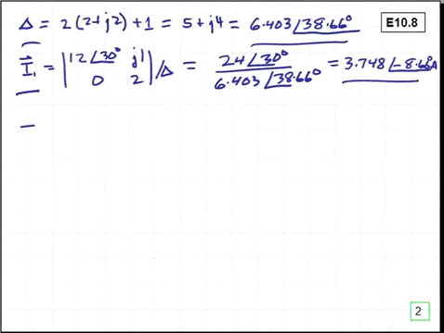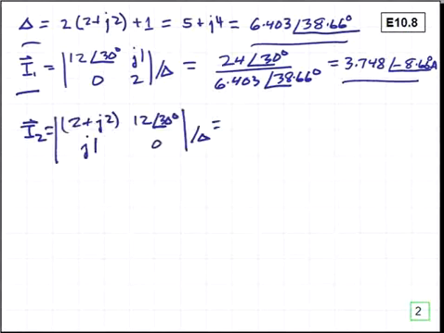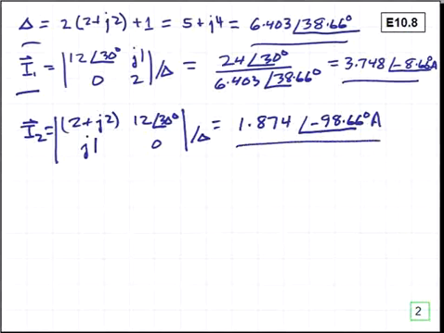Similarly, we'll solve for the current I2 by the expression, and evaluating this ratio of these determinants, we will have that I2 is equal to 1.874 at an angle of minus 98.66 degrees amperes.